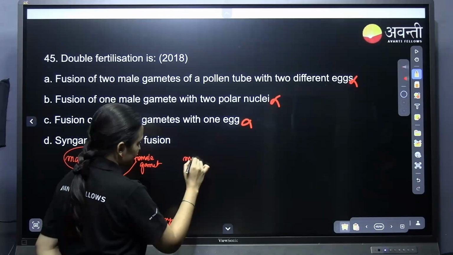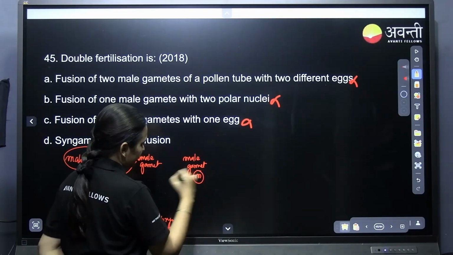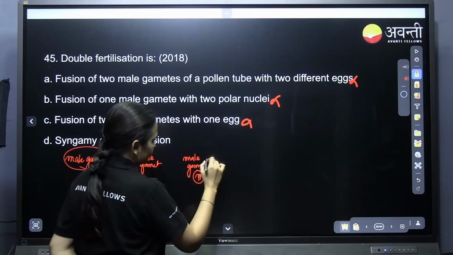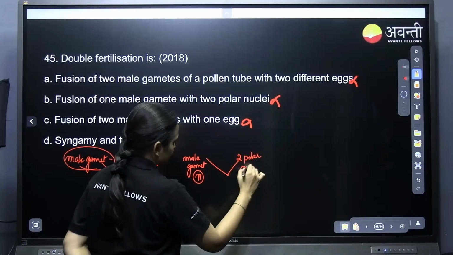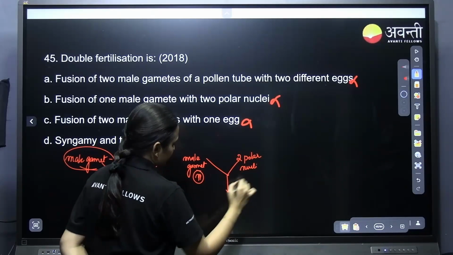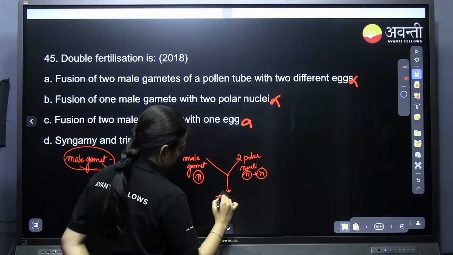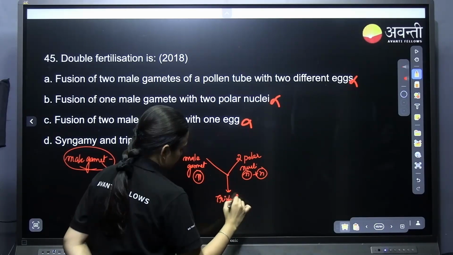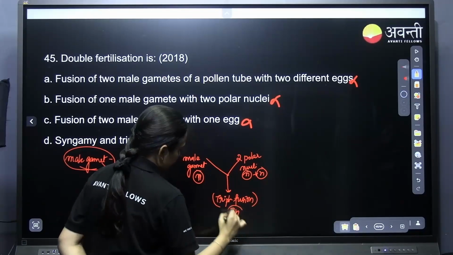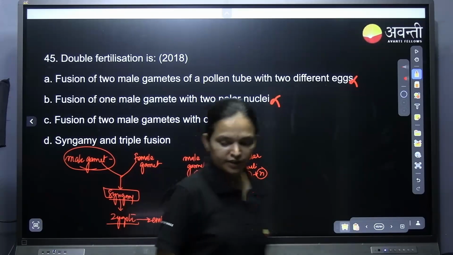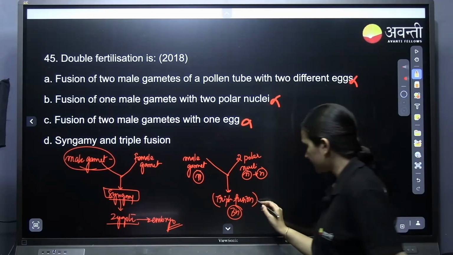Another male gamete, which is haploid in nature, fuses with the two polar nuclei, which is n plus n, resulting in triple fusion that becomes 3n, that is primary endospermic nucleus, PEN.